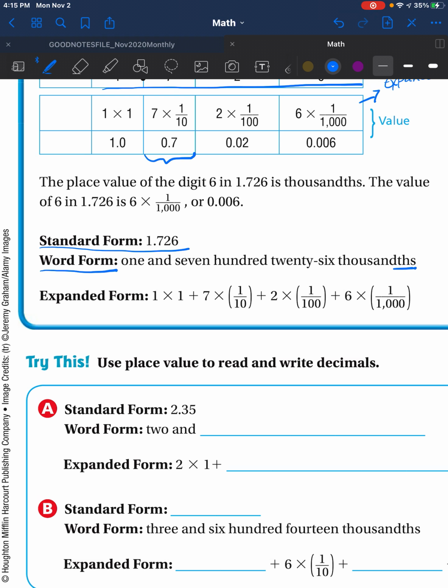And then for expanded form, you would just take everything up here and put it together with plus signs, which is what they did here. Could you technically do this with parentheses? Sure, absolutely. If you're comfortable doing it like that, which that's how I like it. It kind of groups everything together. You can, but you don't have to do it.